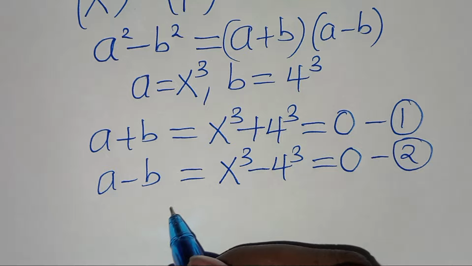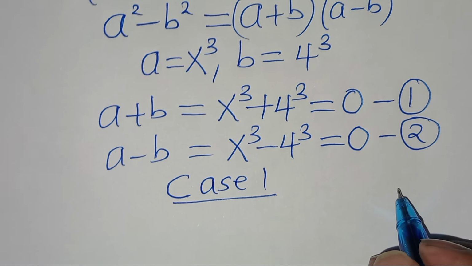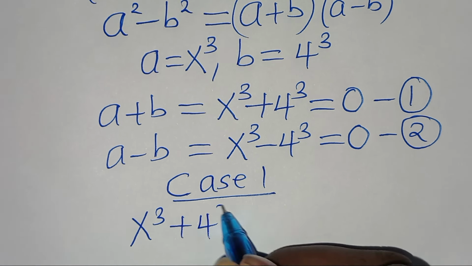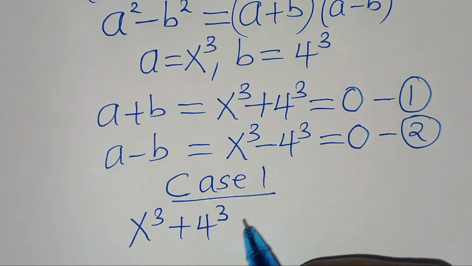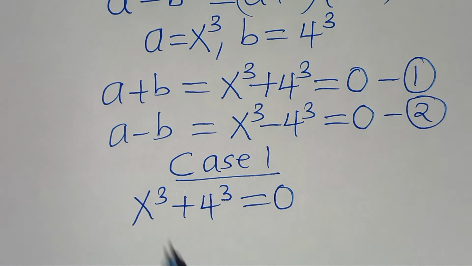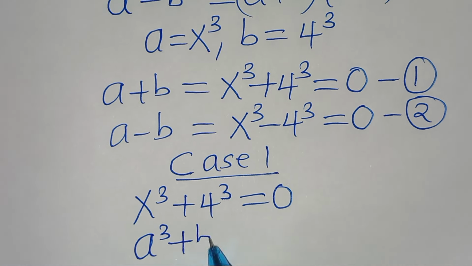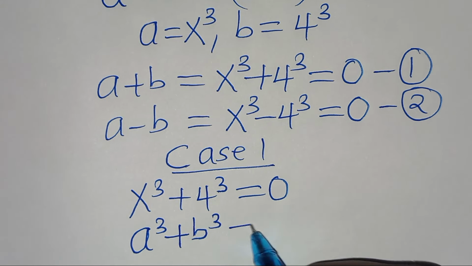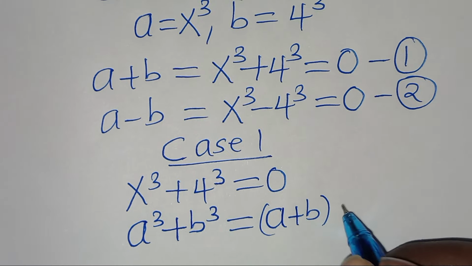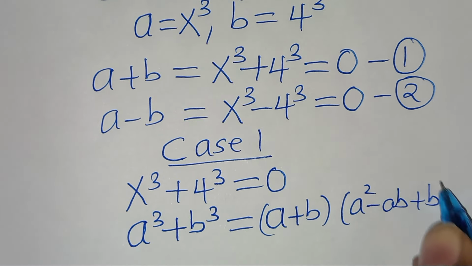So let's start with equation 1, and we can call this case 1. In case 1, we have x to the power of 3 plus 4 to the power of 3 equal to 0. This is the sum of two cubes, expressed as a to the power of 3 plus b to the power of 3, and this can be expressed as a plus b times a squared minus ab plus b squared.